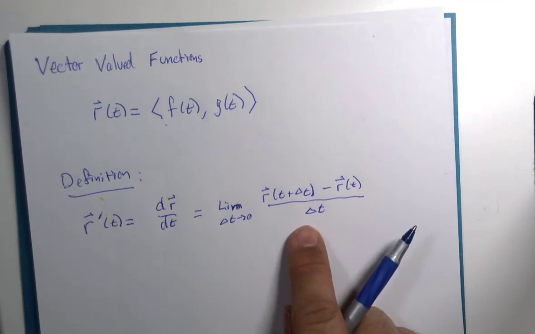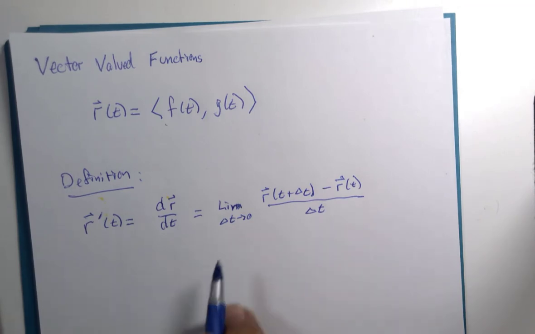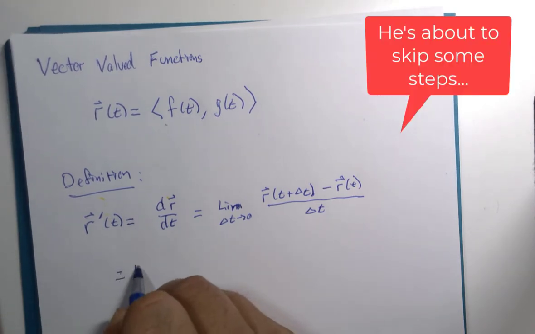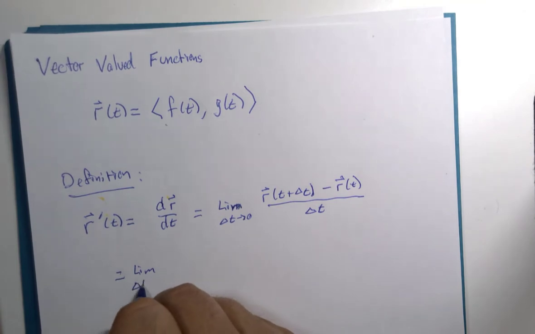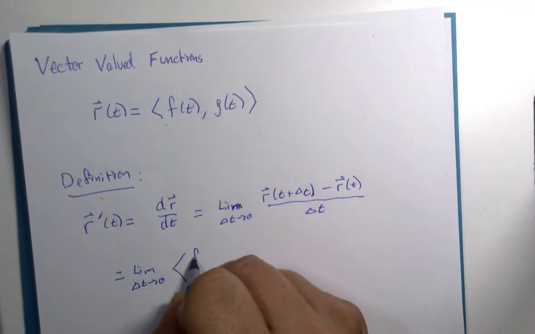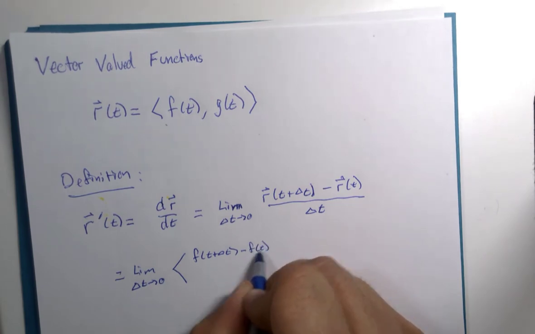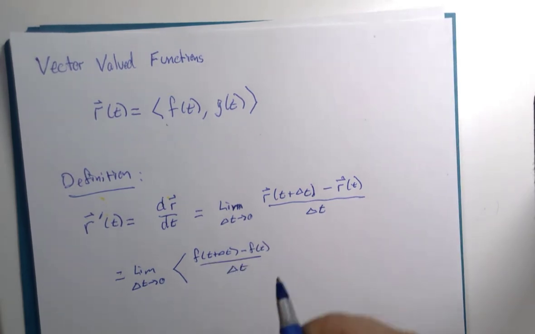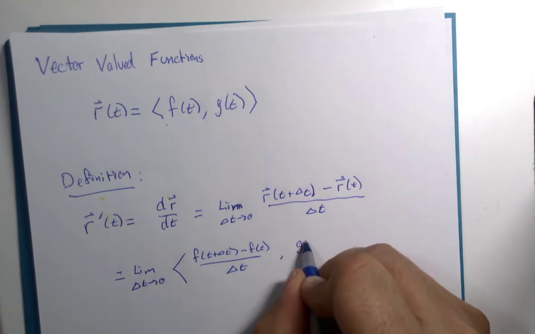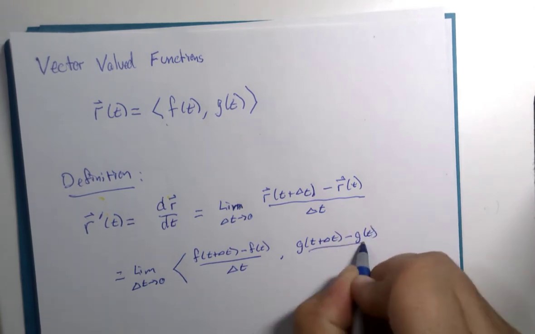calculus. You may not have used delta t as your notation, but very frequently we used some delta value, some change approaching 0. If I do the substitution, limit delta t approaches 0, if I do it separately, well, this is f of t plus delta t minus f of t over delta t, and g of t plus delta t minus g of t over delta t.